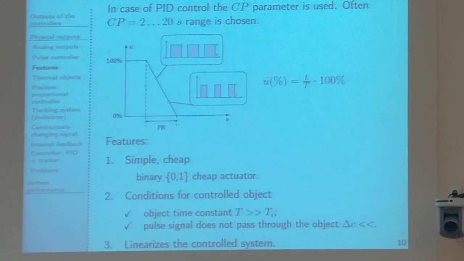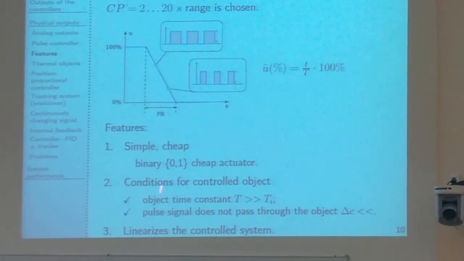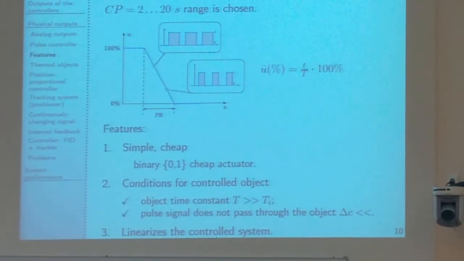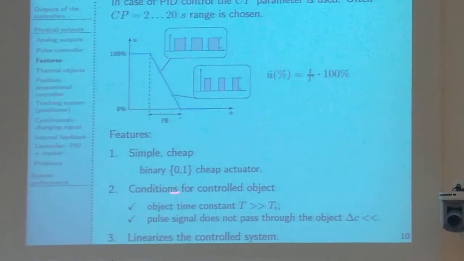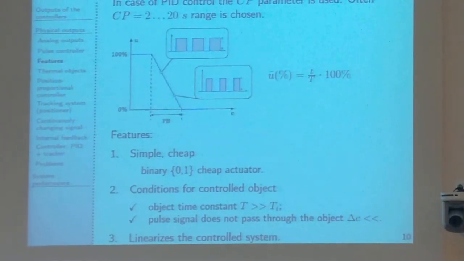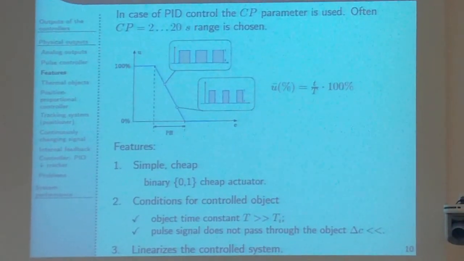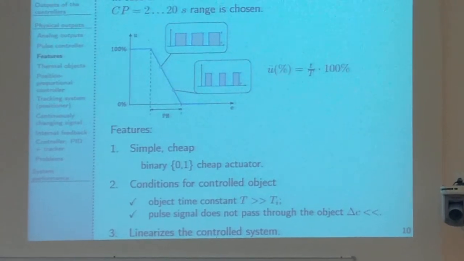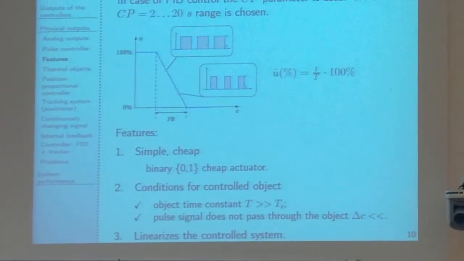So this is simple and cheap, and for that matter, first of all, we need to check the object's time constant, which can be obtained through some experiments or from writing down the physical laws, and after that you can obtain the transfer function.